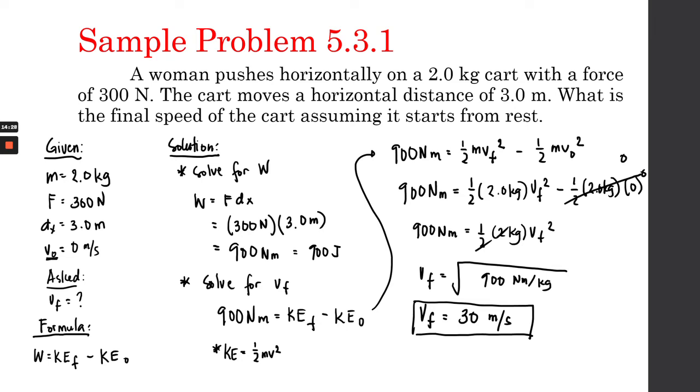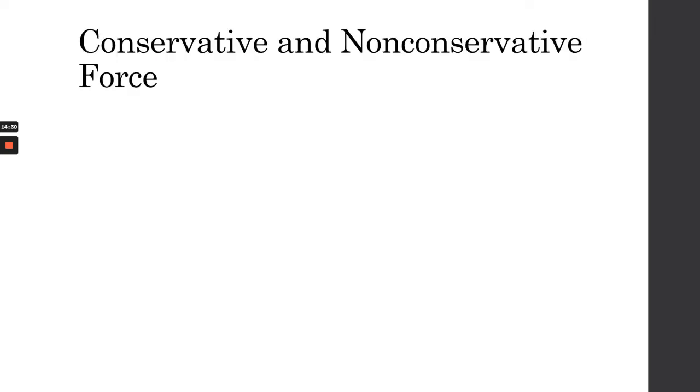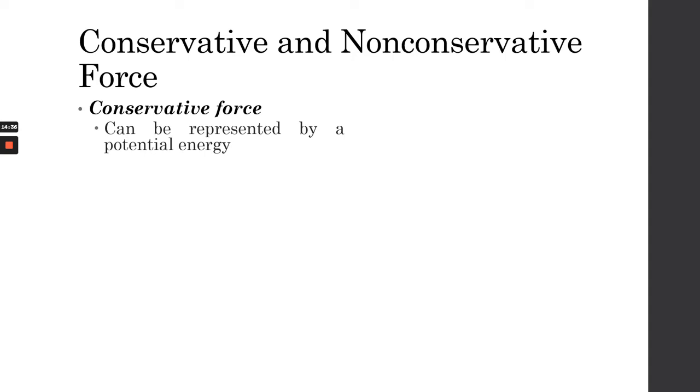Now let's go on discussing conservative forces. So we've discussed a little bit about conservative and non-conservative forces. We know that for conservative forces, another thing that you have to remember is that it can be represented by potential energy.